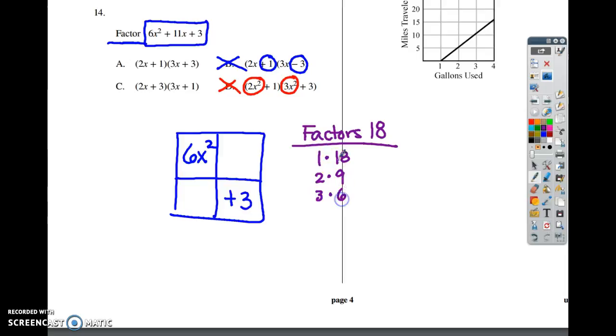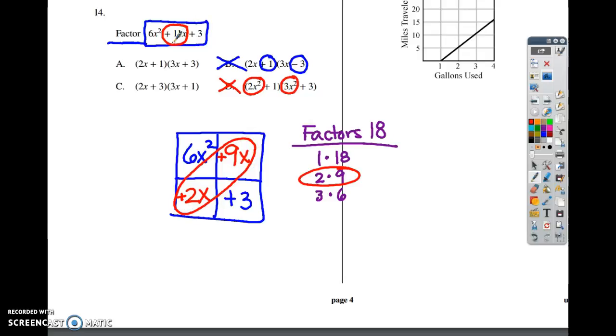Which one of those gives you a sum or a difference of 11? 2 and 9. So I'm going to have 9x and 2x inside because those two are going to give me 11, and both of them need to be positive so that they can add to give us a positive 11.